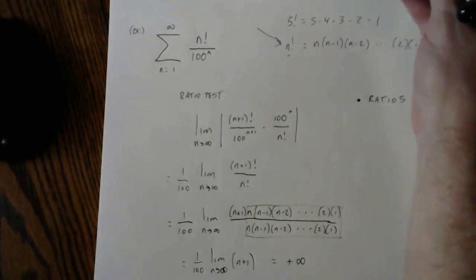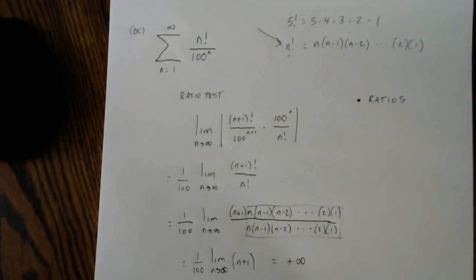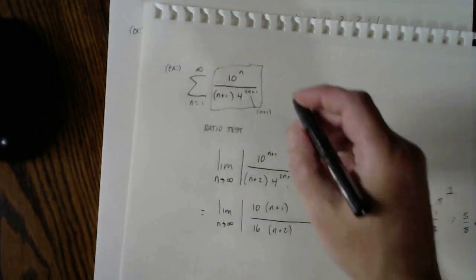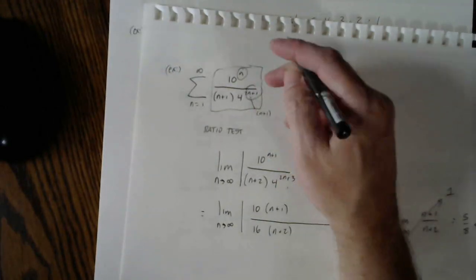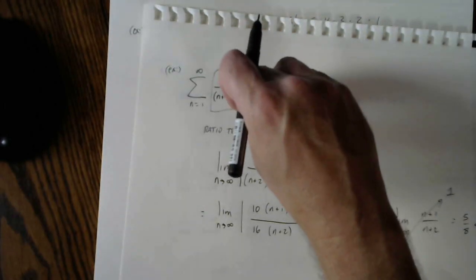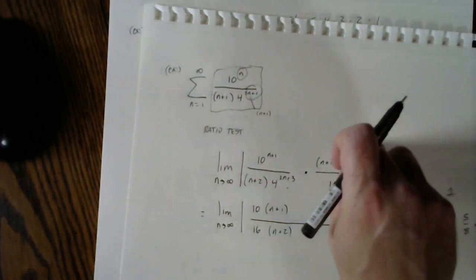Now, that doesn't mean everything that's a ratio needs to be hit with the ratio test. We saw examples the other day which were better done by the divergence test. But if you see, especially when you start to see powers, like when you see 10 to the n and 4n to the something, that's kind of your indicator, because that's when you get all this cancellation.